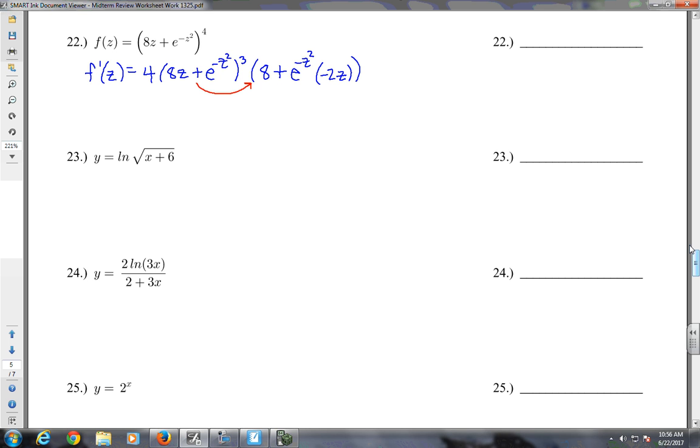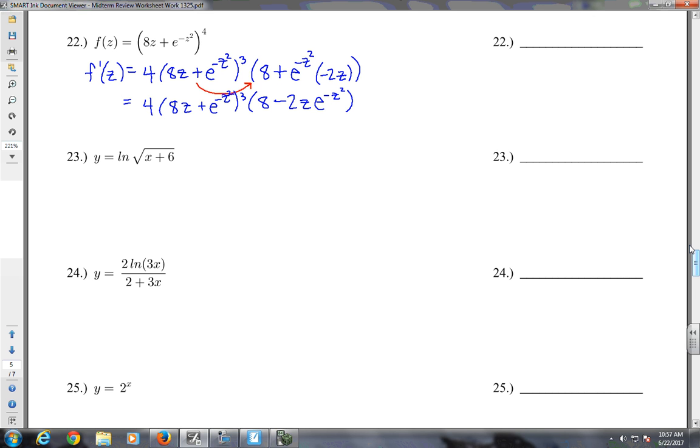Okay? So cleaning up that last element there, just going to copy these down. We have 8 minus 2z e to the negative z squared. Remember, it's easy to take those little monomial factors to the left of the exponential to make it readable.